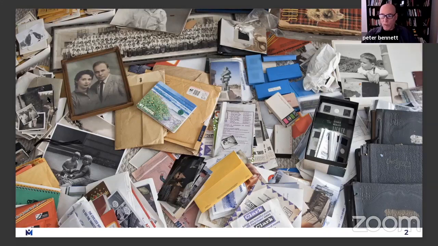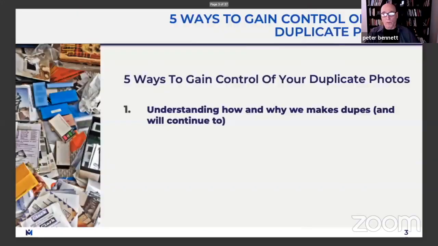Any photo organizer who takes on a job for a client, this is going to be a major step in that organizing process. So let's take a look at 5 ways that we can start to get things a little bit more under control. So we'll start with the first one, understanding how and why we make dupes.